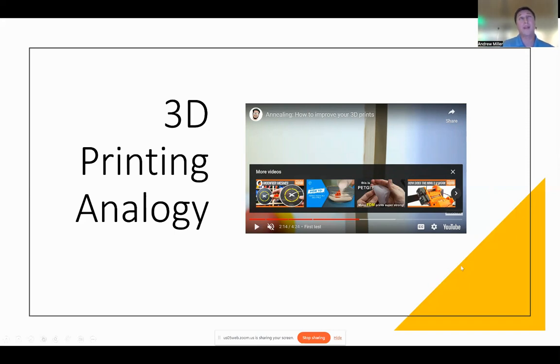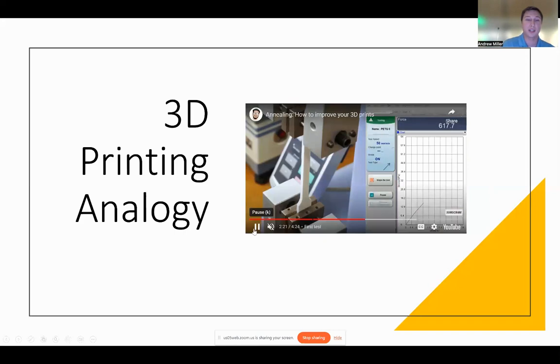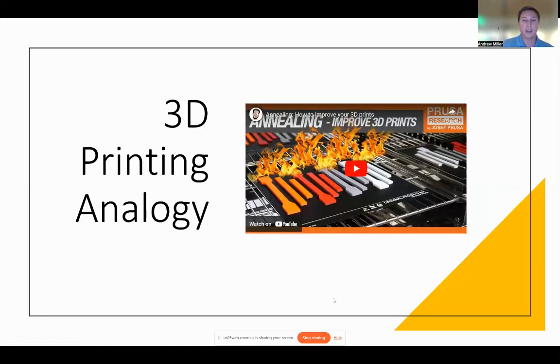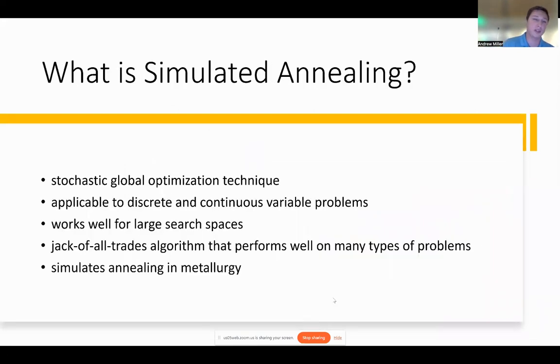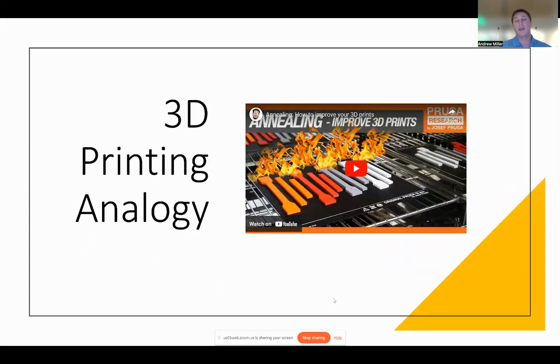So I would say simulated annealing and quantum annealing, at least the way that I understand it, is very similar to this. And in fact, I had a slide that shows you the view of simulated annealing, where the line jumps randomly.